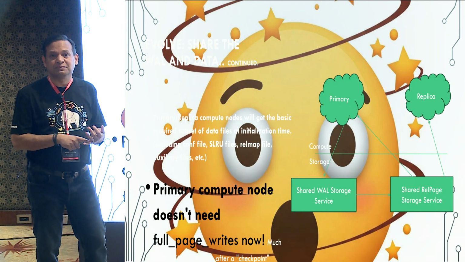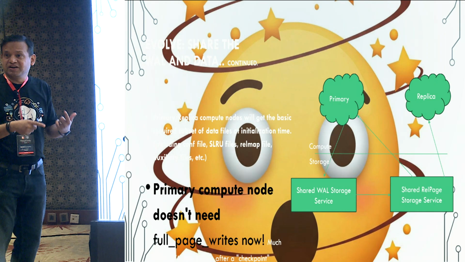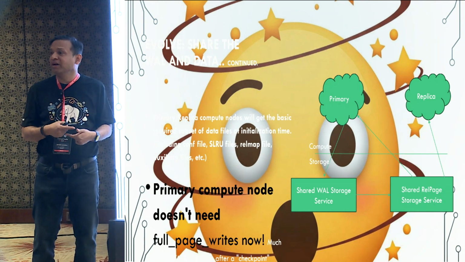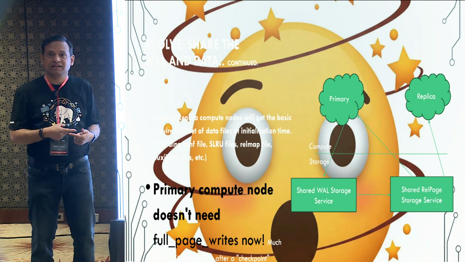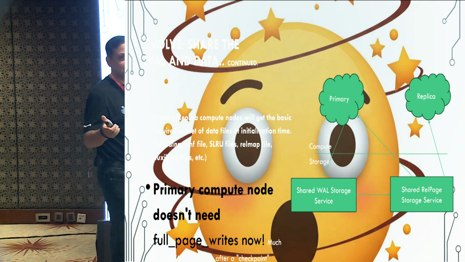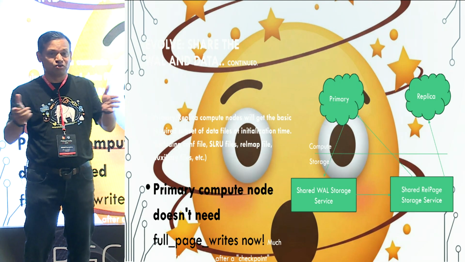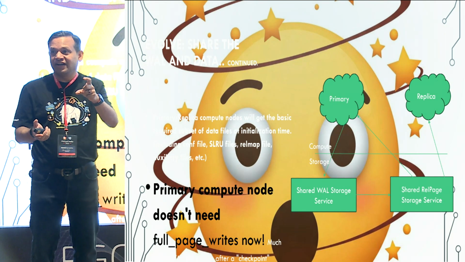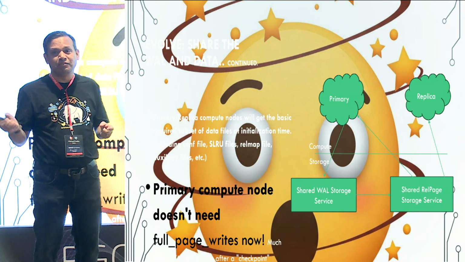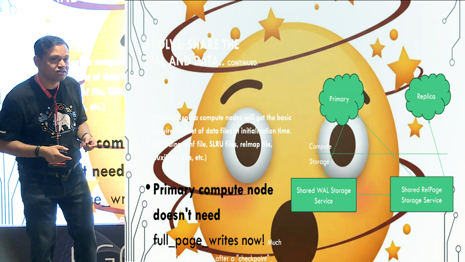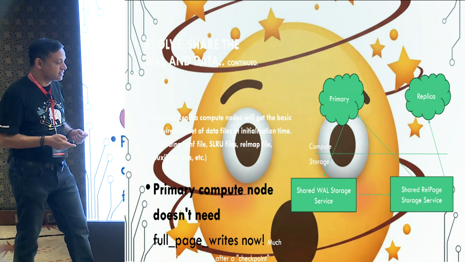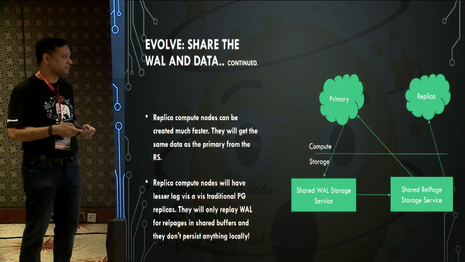So you will generate much less WAL compared to traditional Postgres, because these full page images are basically taking the current 8 KB contents, putting them into WAL, and then doing the modifications. So it's pretty I/O intensive, and it generates a lot of WAL.